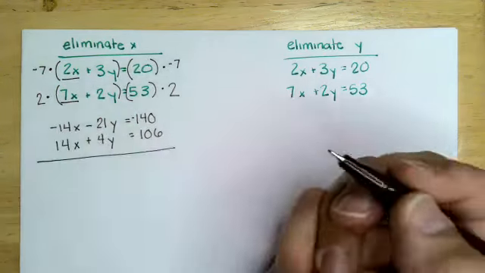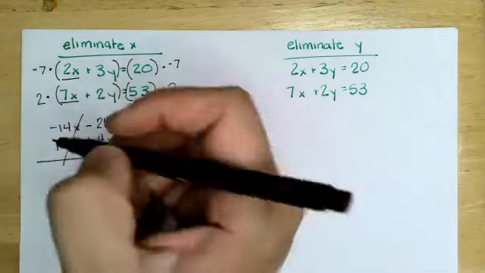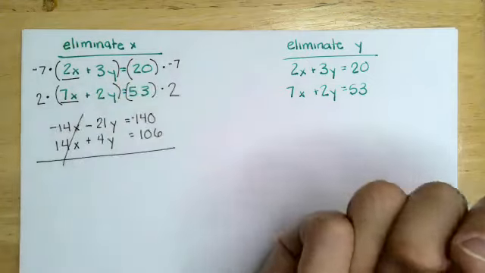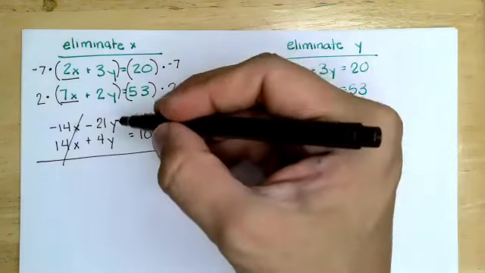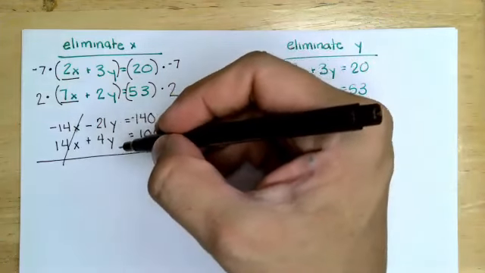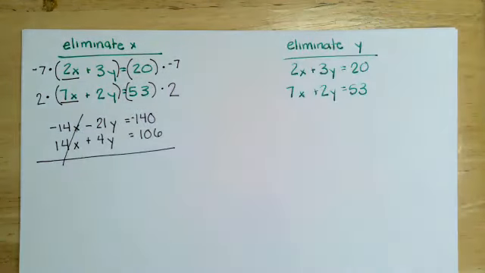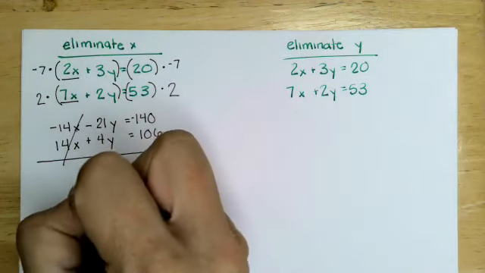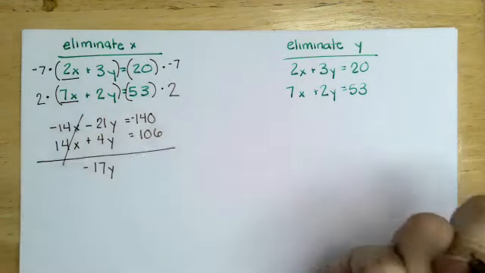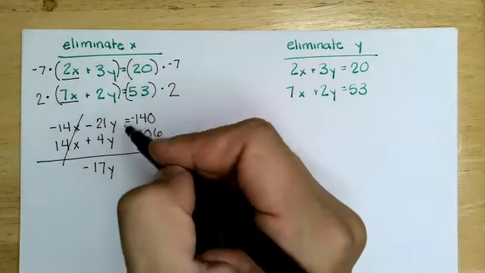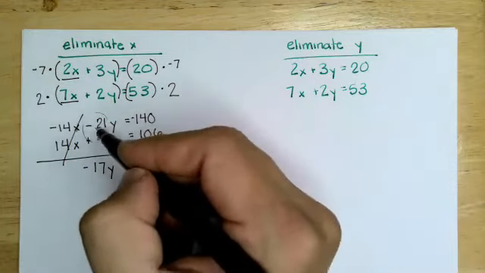Now I can eliminate the x's. Negative 14 and a positive 14 cancel out. Negative 21 plus 4 is negative 17y, right? So you're just subtracting, but you're taking the sign of the biggest number.